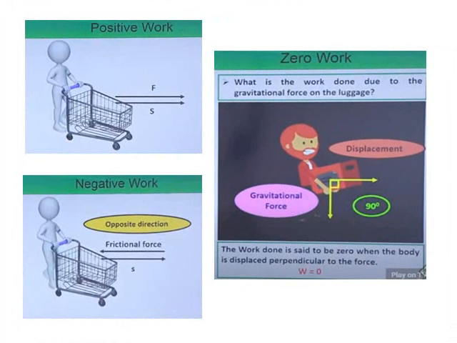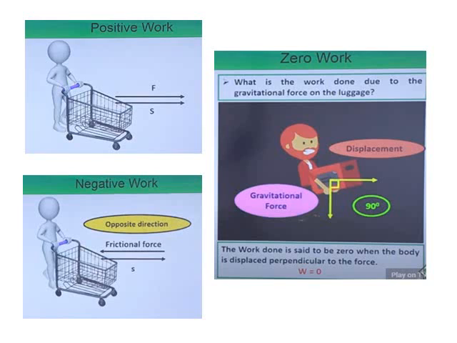Children, we will apply with an example to get more clear about the type of work: positive, negative and 0. Now look into the first example. Here a man pushes a cart.